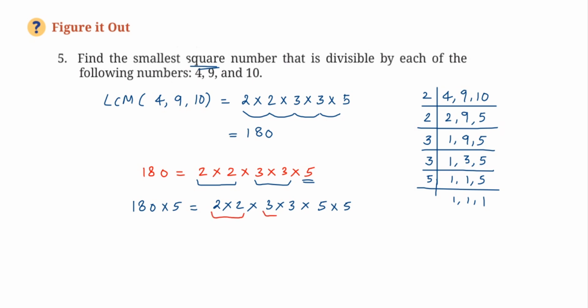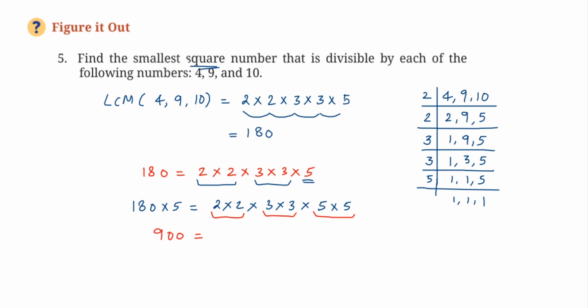This means 180 times 5, which is 900, is a perfect square number. If you find the square root of 900, it is 30. We don't have to find that. We can ignore that step because they are not asking for it in the question. So the number here will be 900.